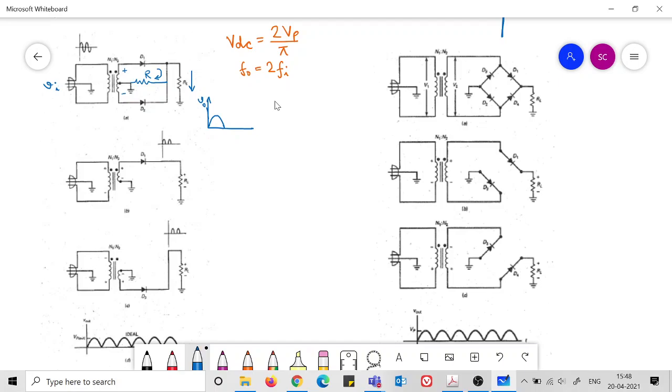In the negative half cycle, this would be plus and this would be minus. Correct? And by the previous understanding, you can see that D1 now becomes reverse bias and D2 becomes forward bias. When D2 becomes forward bias, the current flows in this direction. If you consider this thing also, it will flow in this direction.